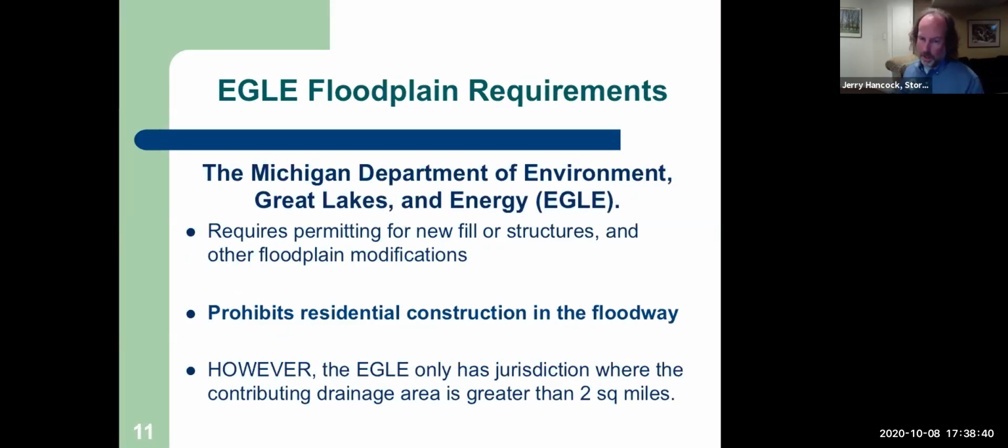So the state, I'll refer to EGLE as the state just to make it easier, requires permits for fill or structures within the floodplain, and by state law, they prohibit residential construction in the floodway. However, the state only has jurisdiction where the contributing drainage area is greater than 2 square miles.